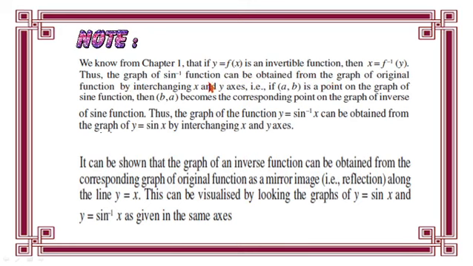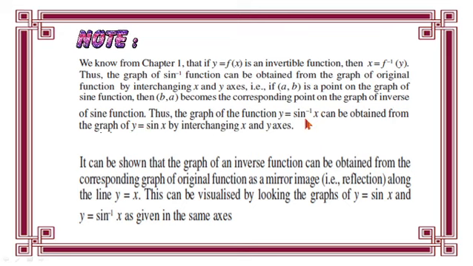The graph of sine inverse x can be obtained from the graph of the original function by interchanging the x and y axes. If (a, b) is a point on the graph of the sine function, then definitely (b, a) becomes the corresponding point on the graph of the inverse sine function.